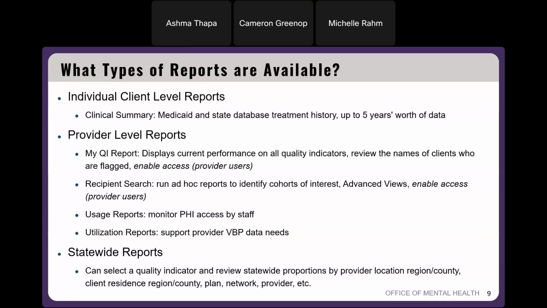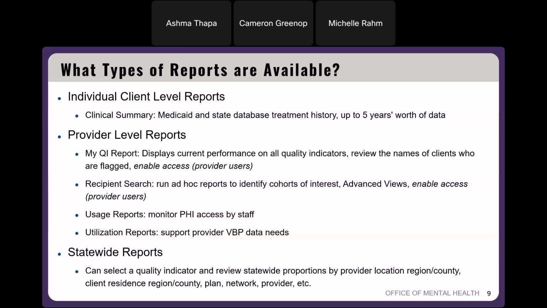So all of this data that we previously discussed is available in different types of reports in Psyches. We have the individual client level reports, and that, of course, is our clinical summary, and that's Medicaid and state databases treatment history, and that provides up to 5 years worth of data. We also have the provider level reports, and there are four different types of provider level reports.